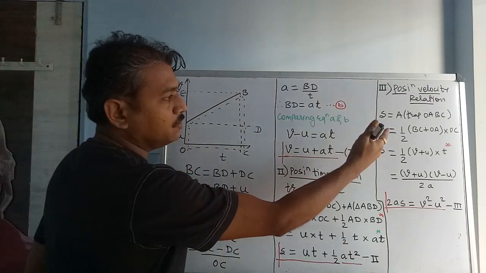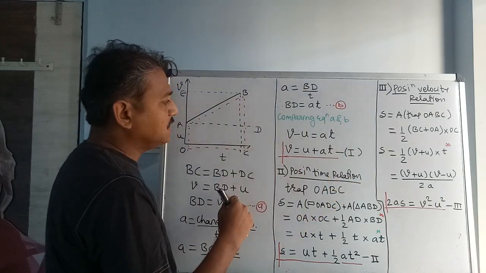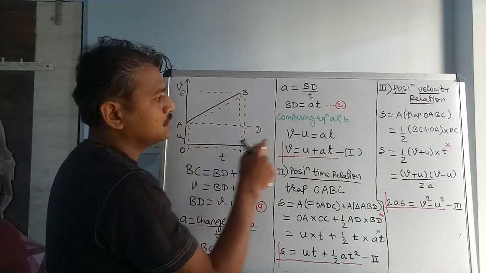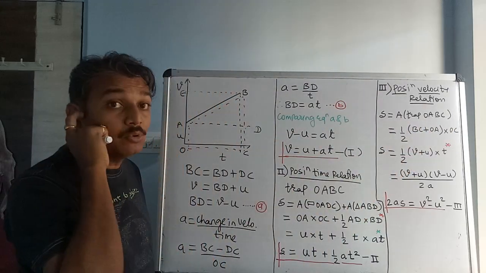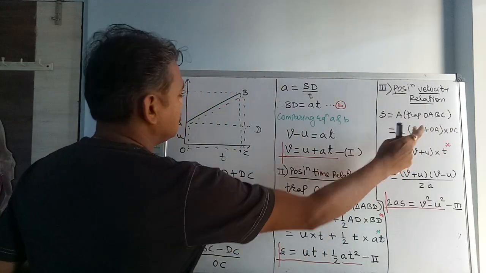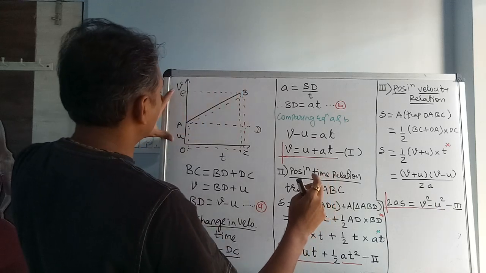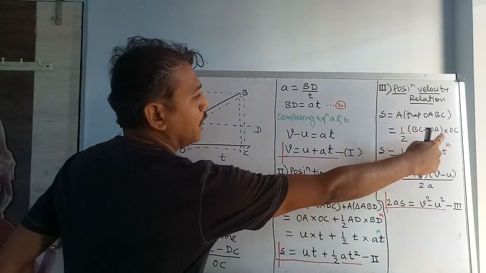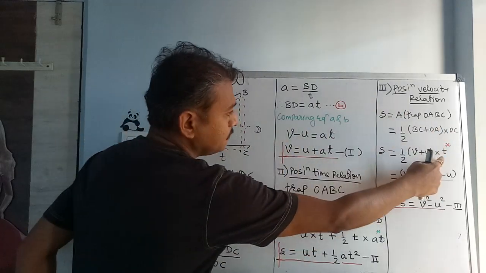So putting these values here, the sum of parallel sides BC plus OA I have written here, and height is OC. Putting the values in it, this BC is V, parallel to OA, and OA is U, and OC here is T.